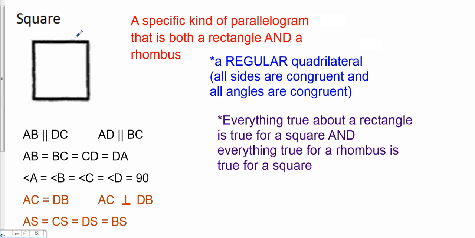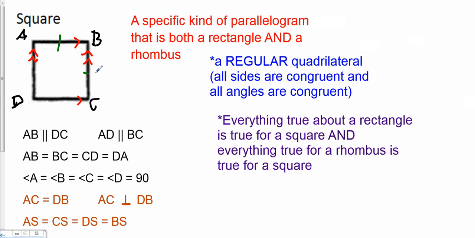So because it's a parallelogram, this one and this one have to be parallel. Oops, and I'm going to write in our spots. This is A, this is B, this is C, this is D. AB would be parallel to DC, BC is parallel to AD.